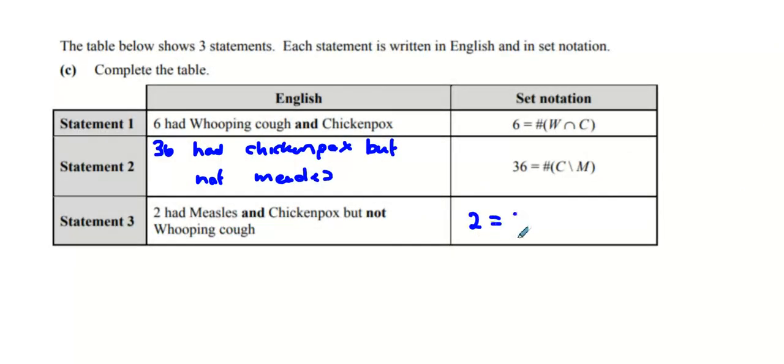So 2 equals the cardinal number of M intersection C, forget about W, close. Okay, excluding the W.